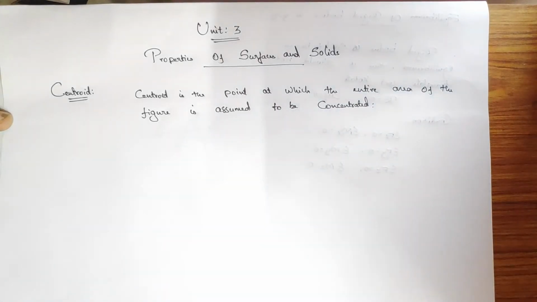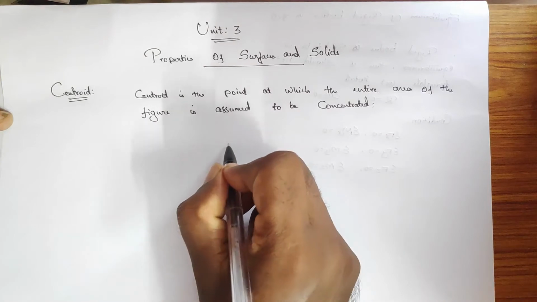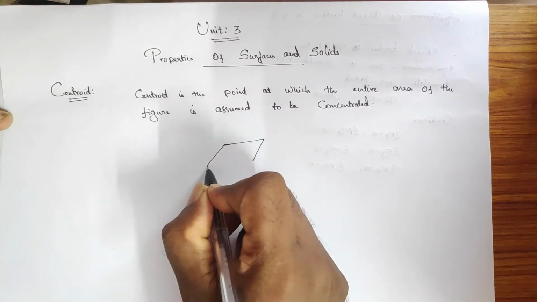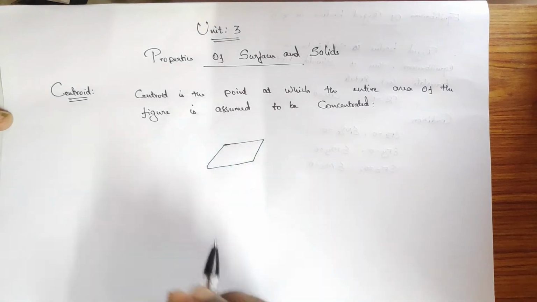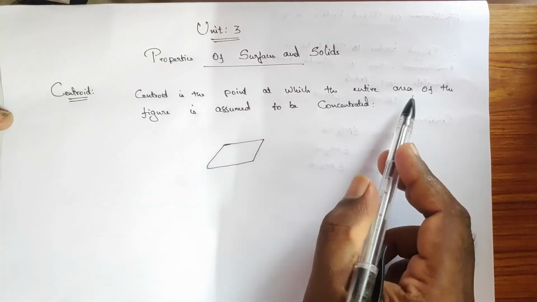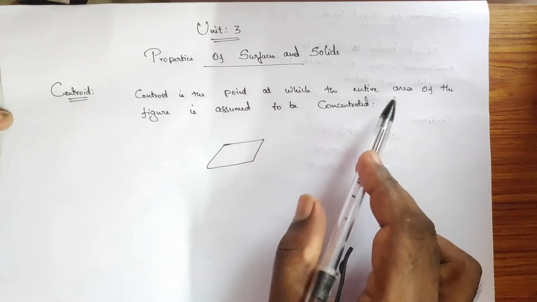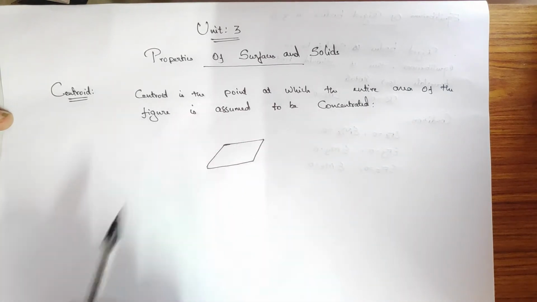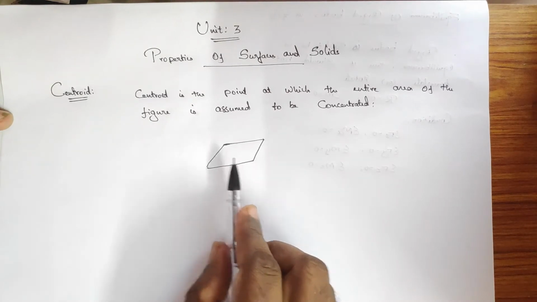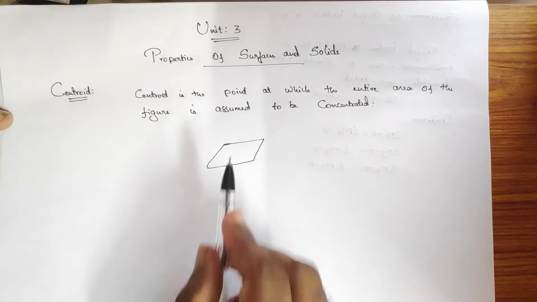So in order to understand it, I shall just draw a rectangle in 3D. Okay, it's a rectangle. If I want to concentrate the entire area of this figure, how can I do it? Just by keeping the point at the center of this figure. That is known as centroid.